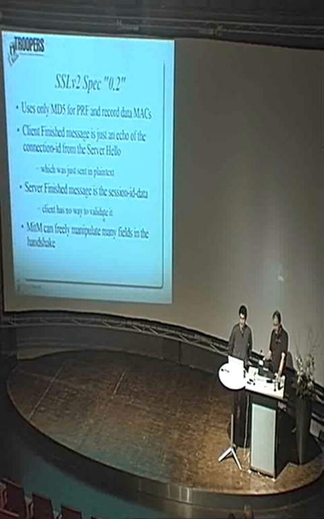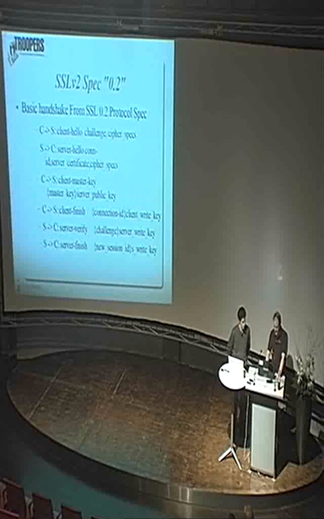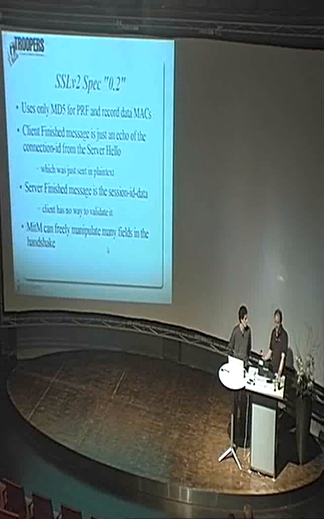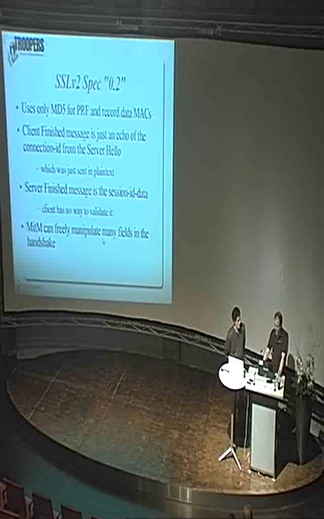The server finished message is the session ID data, the last one here. But since this is all new information, the client would have no way to validate it or know if it had been manipulated. And so the man in the middle could freely manipulate many of the fields in the SSL v2 handshake.